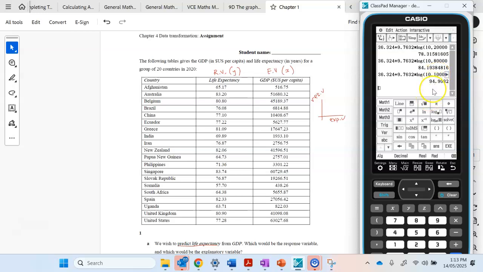Let's say the GDP was 1 million, which is extremely high. Have a life expectancy of 94. Imagine that. So most people in the country would live to 94 years old. See how as you get beyond the data set, it's going to be less and less accurate. So maybe if I made it 10 million, live to 100.